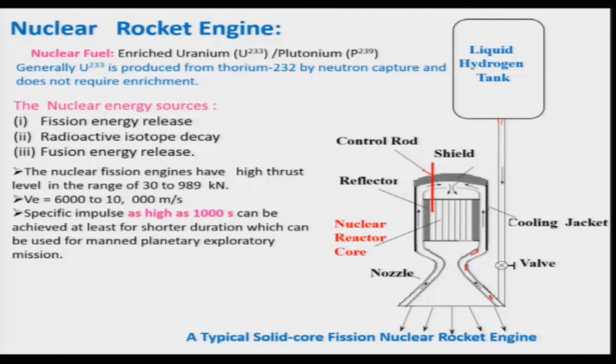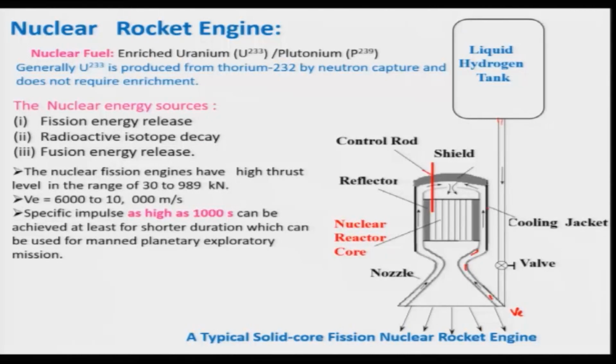And nuclear fission engines have a higher thrust level, in the range of 30 to 989 kilonewtons, and exit velocity, that is your VE, can be produced in the range of 6000 to 10,000 meters per second, and specific impulse as high as 1000 seconds can be achieved, at least for a shorter duration, which can be used for manned planetary exploratory missions.